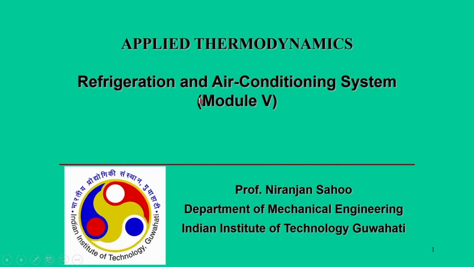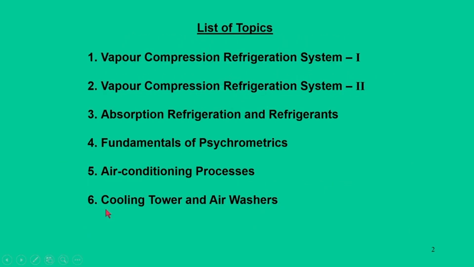We are in the MOOCs course Applied Thermodynamics, Module 5, Refrigeration and Air Conditioning System. Till this point of time, we have covered the concepts of refrigeration, that is vapor compression system and vapor absorption systems.